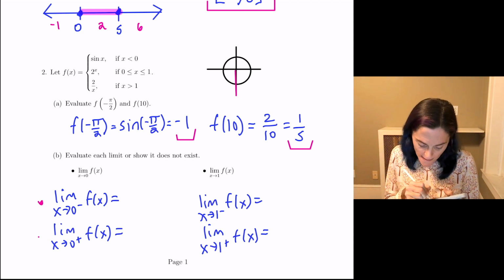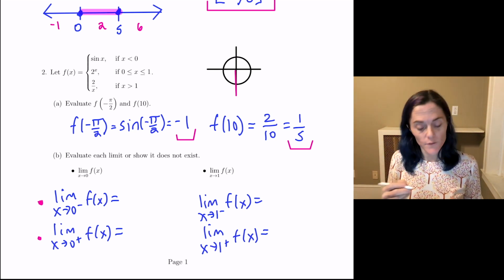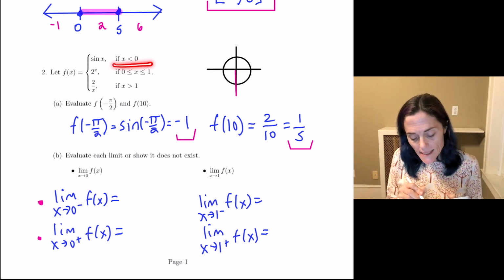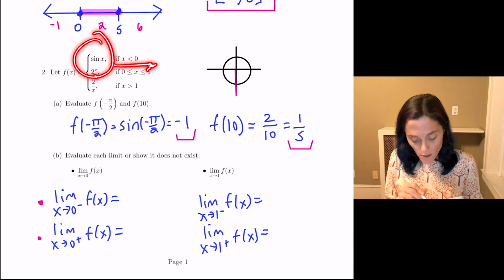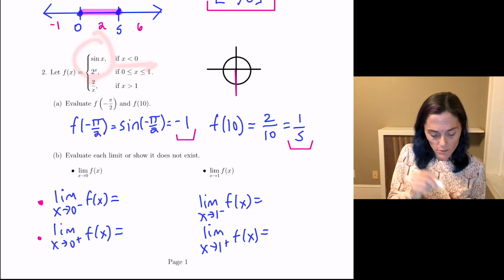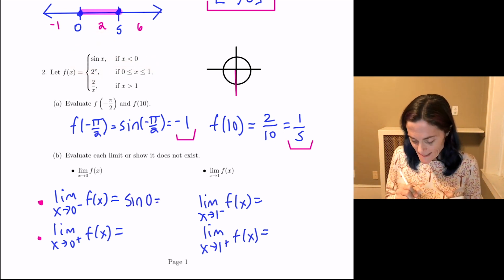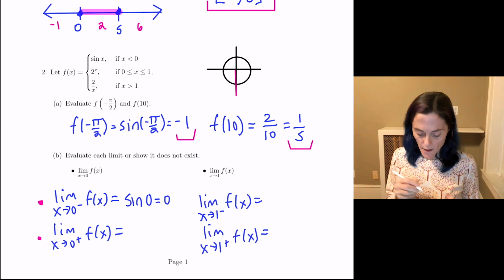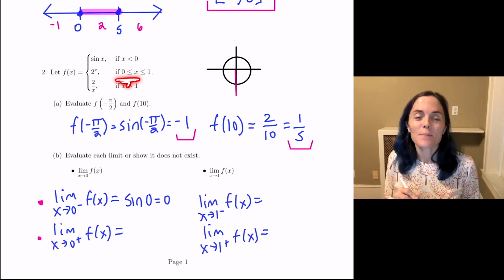For these one-sided limits at 0, okay, the limit from the left, we use values less than 0, but approaching. We evaluate. So this would be the sine of 0, which is 0.